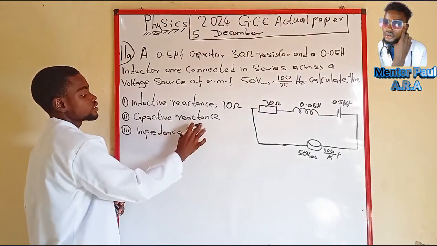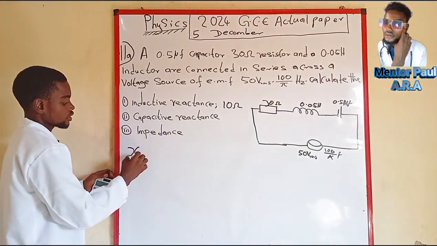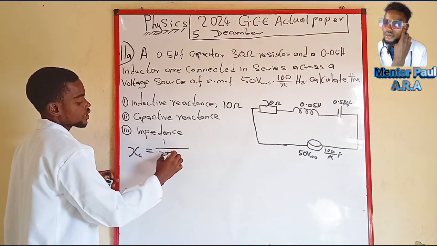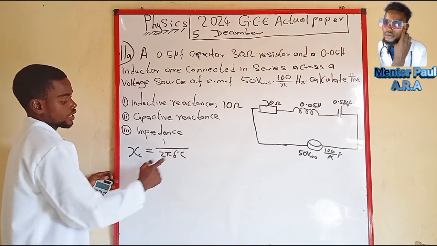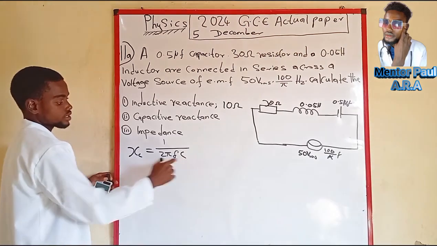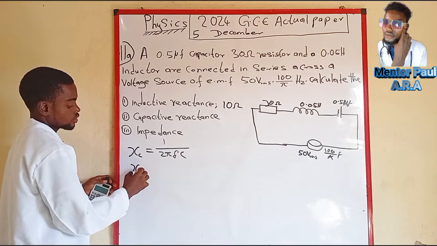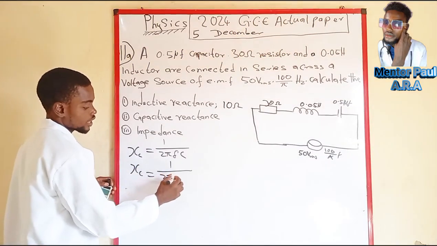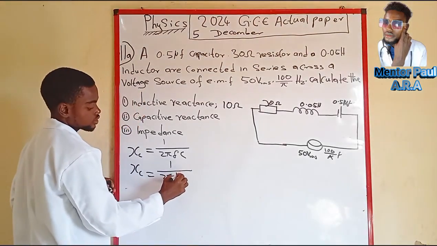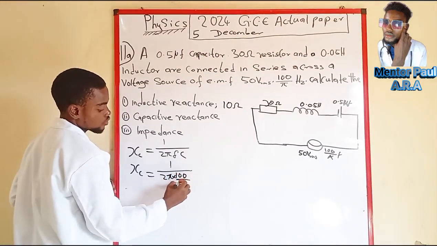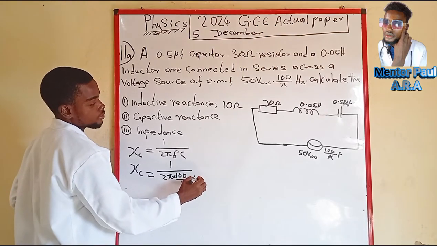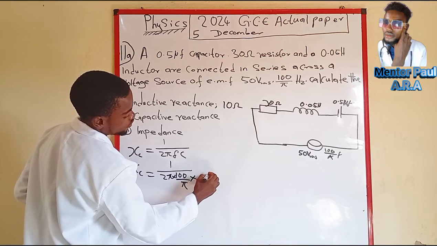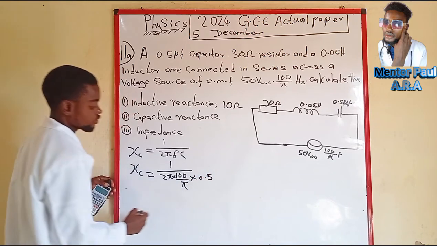The second is the capacitive reactance. Capacitive reactance is given by 1 over 2 pi F C. I know what my F is and I also know what my C is, so the capacitive reactance equals 1 over 2 pi multiplied by 100 over pi, multiplied by the capacitance, which is 0.5.